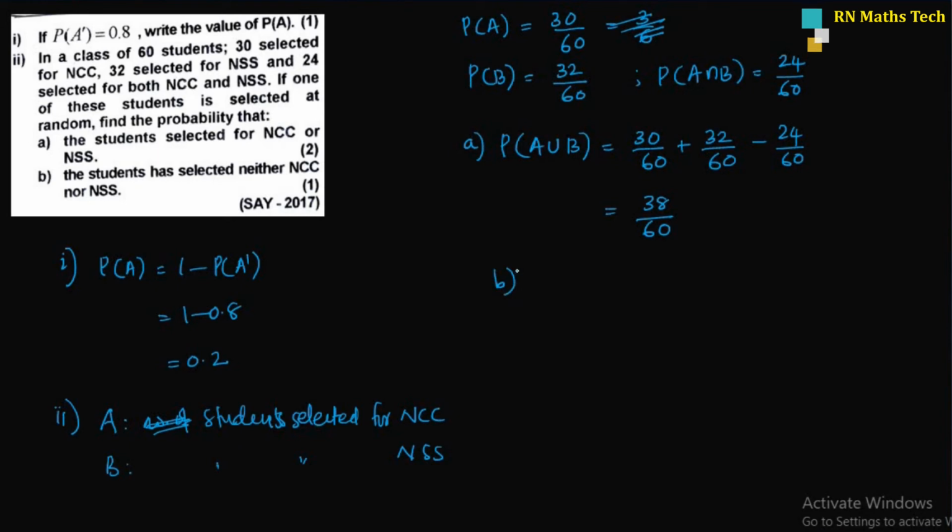Now B part. The student has selected neither NCC nor NSS. P of A dash intersection B dash, that is 1 minus P of A union B, 1 minus 38 by 60, 22 by 60. Okay.